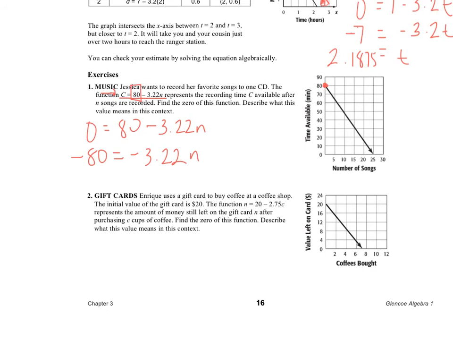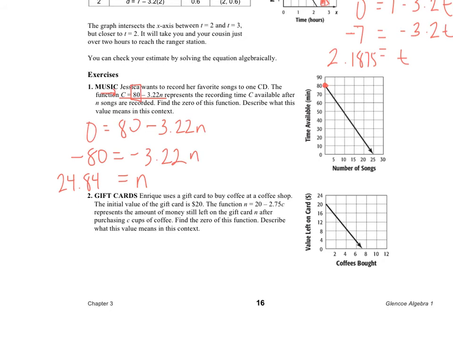Just divide by negative 3.22. And what does that give us? That gives us 24.84 and a whole bunch of other numbers after that, 47205.